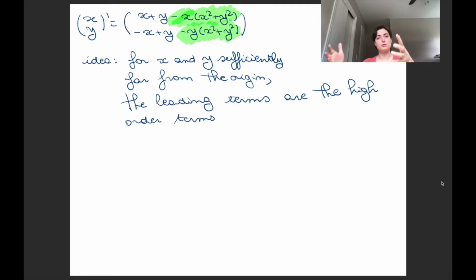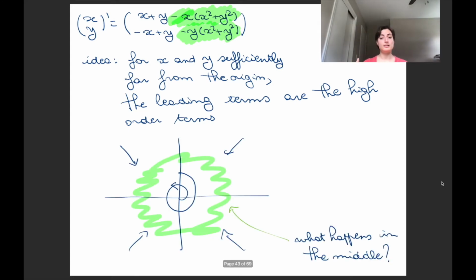We expect those terms to become more important than the linear terms. That means that for x very big, what we are expecting is something like this, for our direction field tending to the origin. Because x squared plus y squared is just something positive and big, and we have minus x and minus y, so something that is tending to the origin.